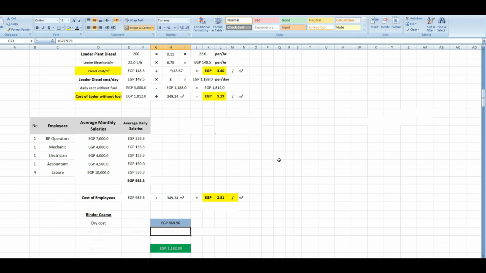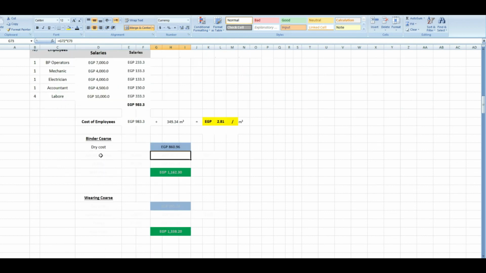All this is going to be calculated as administrative expense. Then we have administrative expense, and it is decided as 10%. Then 10% equals 10% multiplied by the dry cost. The 10% is 86 Egyptian pounds.